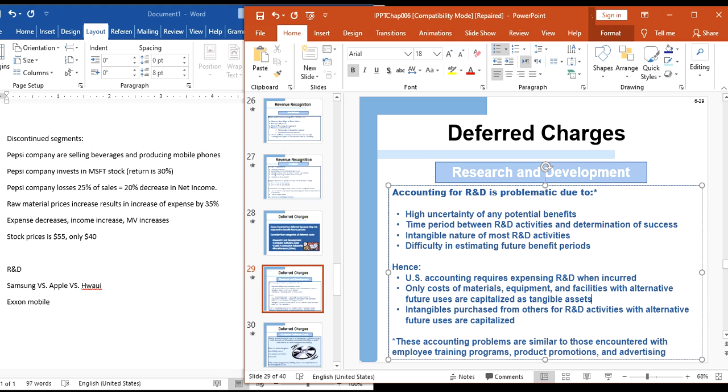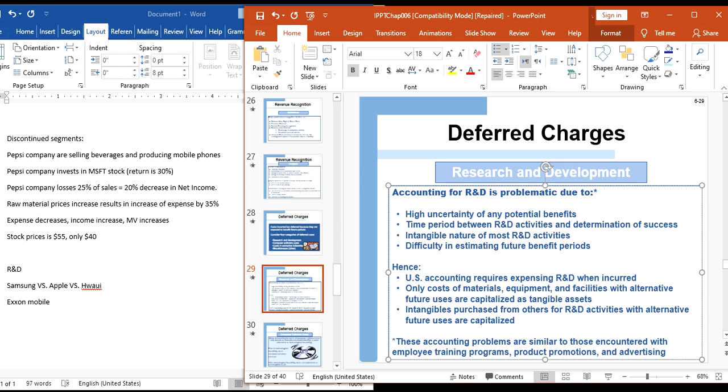Okay, so these accounting problems are too similar to those encountered with the employee training programs and product promotions and advertising. So these research and development activity costs are like, for example, you send your staff to Europe to get a training course, but you don't know whether they benefit from it, and later on they benefit your company.